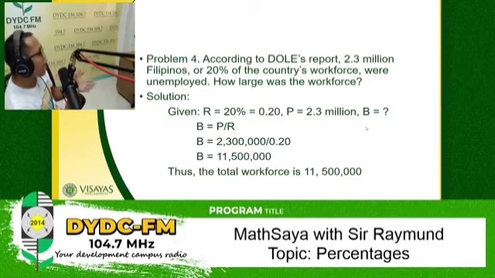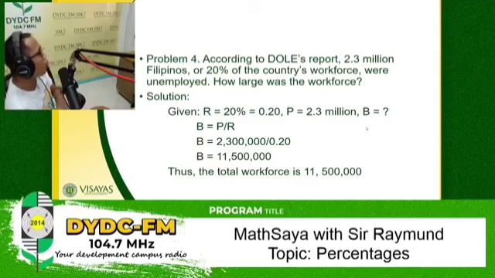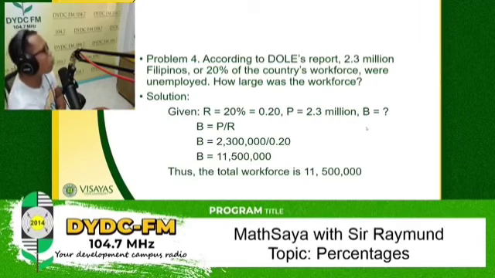Therefore, naay 80% remaining nga employed out of 100, di ba? 100% man. So, given man tang 20% ang unemployed, so ang remaining 80% are the employed. So, 11.5 million minus 2.3 million, mao to siya ang employed nga workforce.